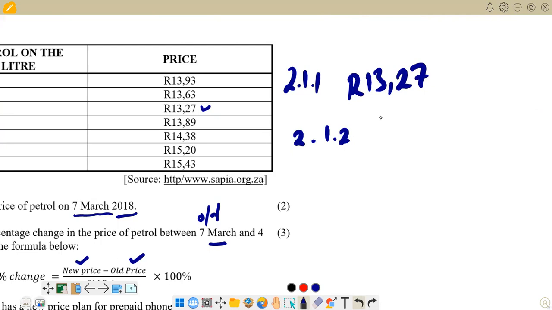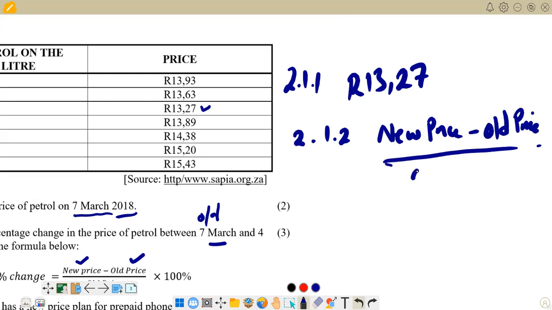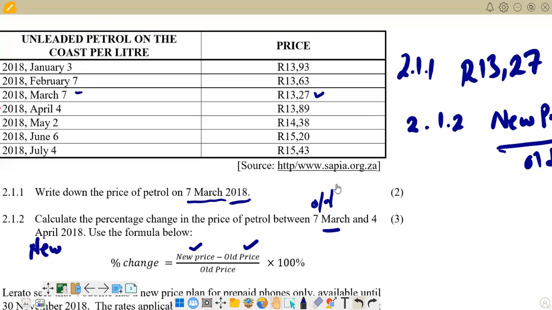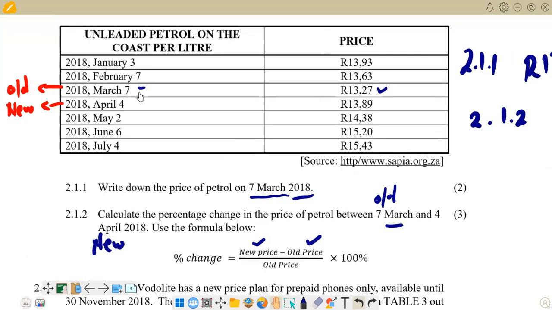2.1.2. Remember, the formula that we are having there is new price minus old price over old price. Of course, we are multiplying by 100 over 1. So our new price, according to the table, is 13.89.